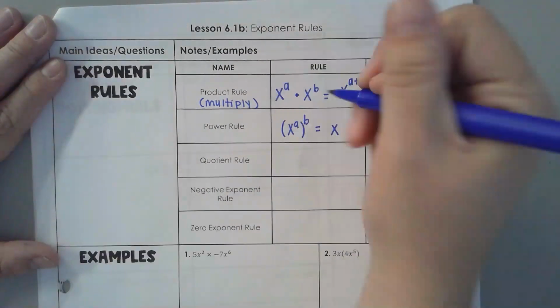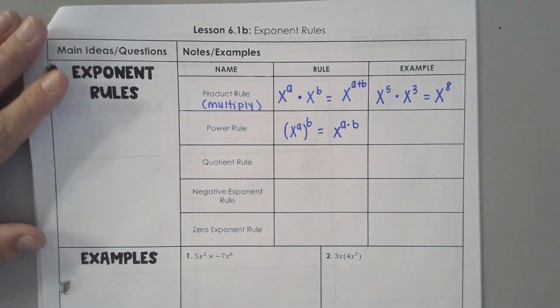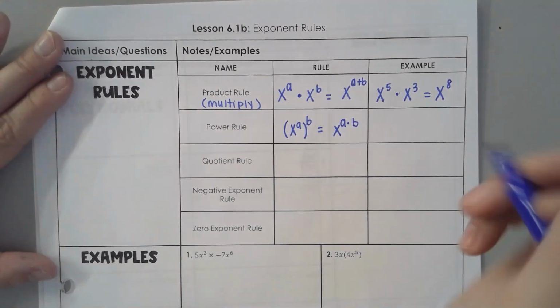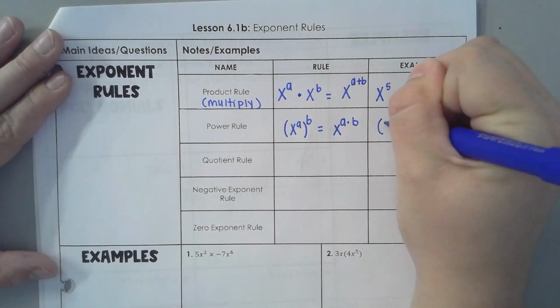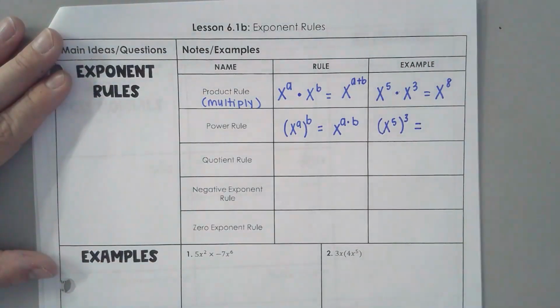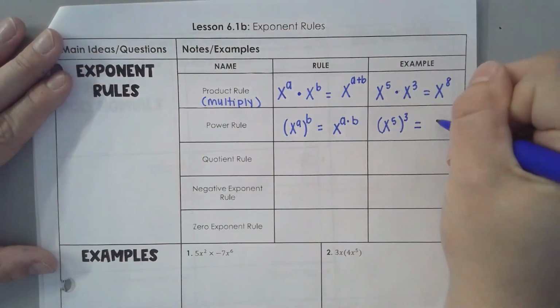Multiply them. So a times b. So for example, if I have x to the 5th and I raise that to the 3rd power, what do I get? X to the 15th.